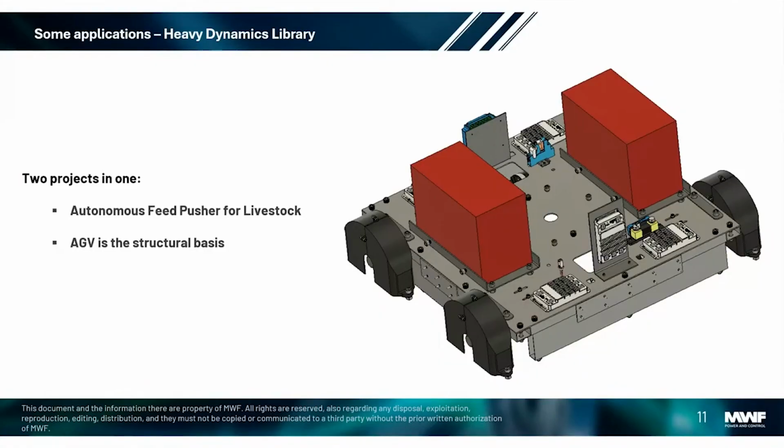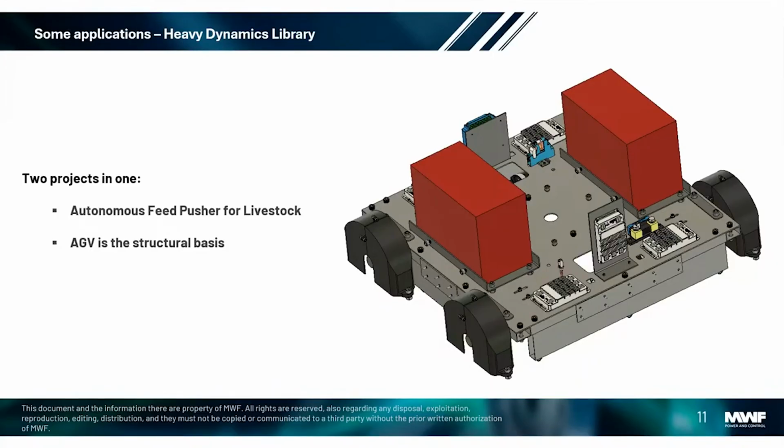It's two projects in one, because this base is like an AGV, an autonomous ground vehicle, and this structural base can be used to carry a specific payload, which is used to push feed to livestock. It is a very interesting application, and there are many robots used for this purpose currently.